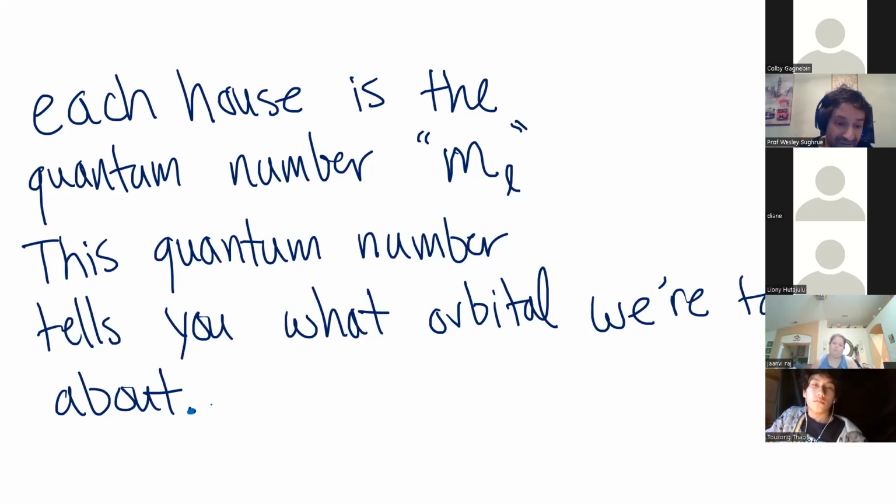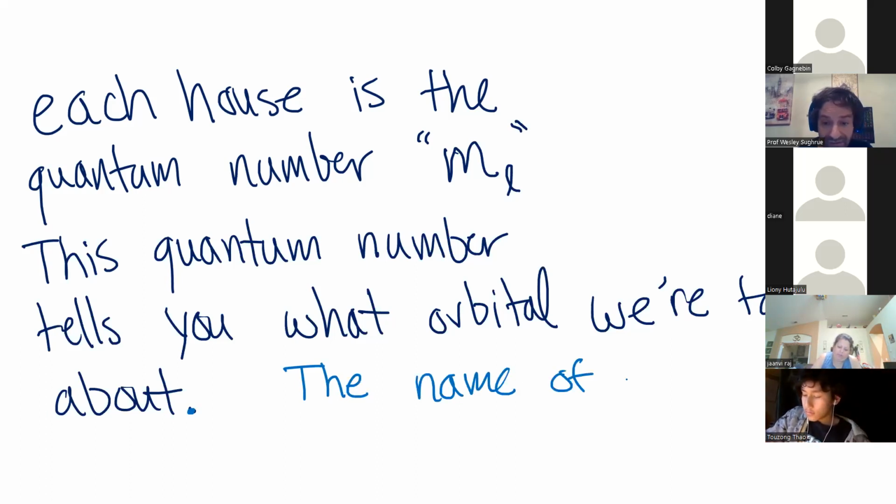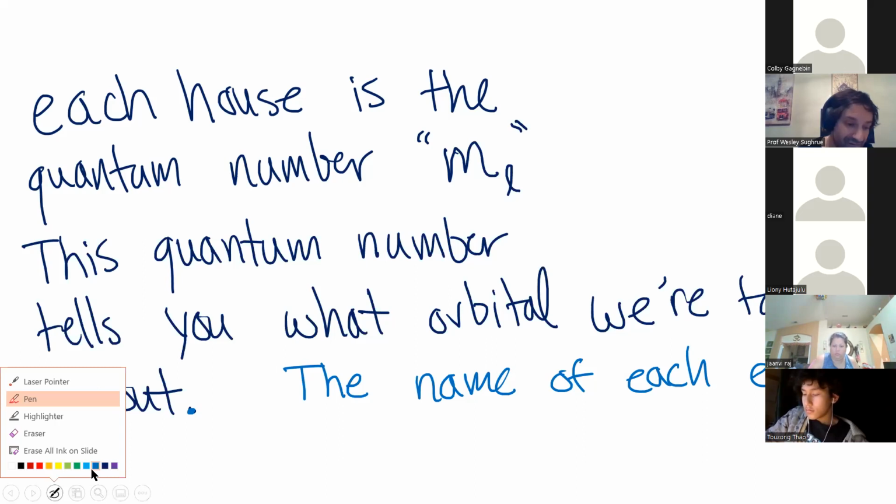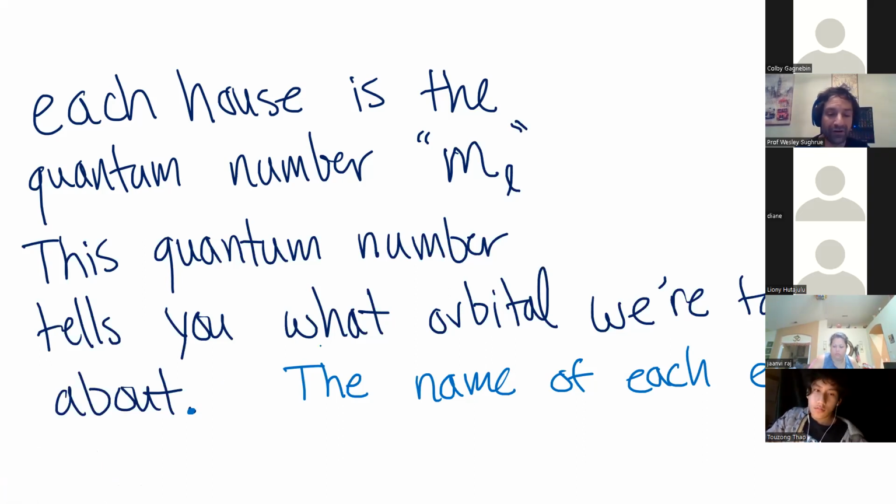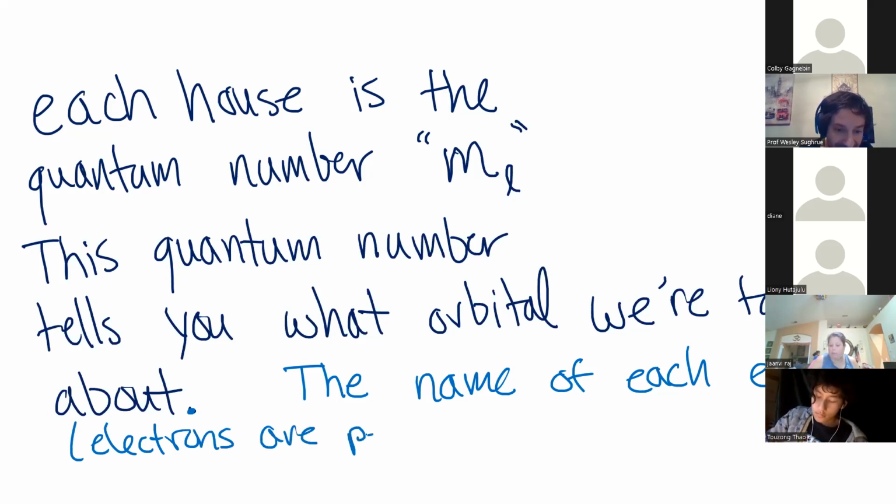And finally, the name of each electron, because if you haven't quite seen the progress of this, electrons are people. They have feelings too.